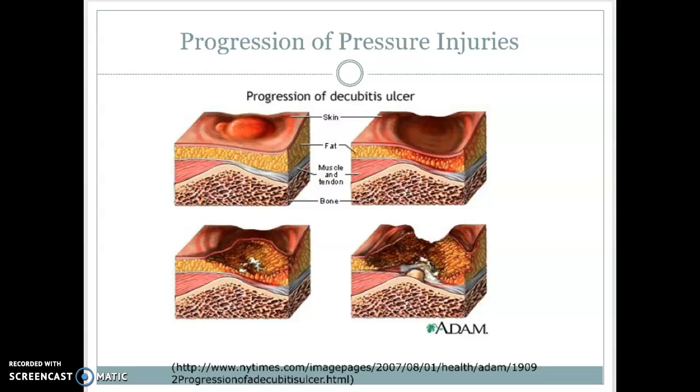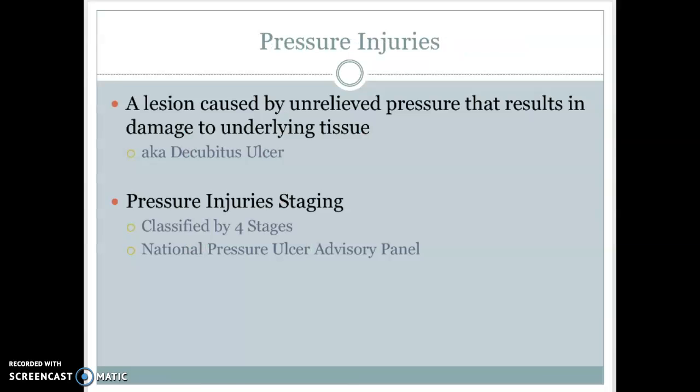That's how pressure injuries are staged or described, based on what layers of tissue are involved. As I said, they are often also called decubitus ulcers, but it's basically a lesion caused by unrelieved pressure.